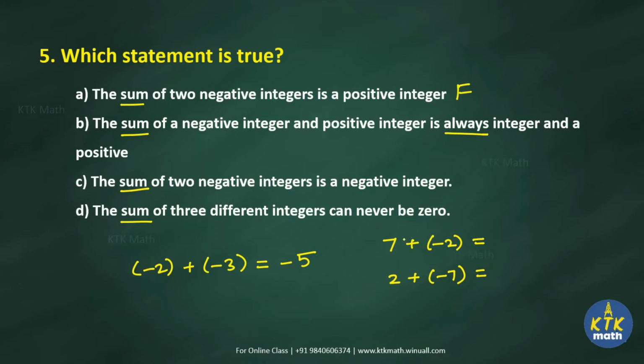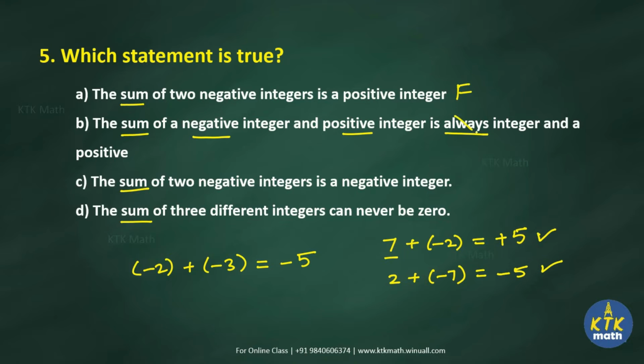In addition, whenever you have different symbols, the rule is you subtract the numbers and take the greater number's sign. So 7 minus 2 is 5. Greater number 7 is positive, so your answer is positive. In a similar way, 7 minus 2 is 5, but here the greater number 7 is negative, therefore your answer is negative. So whenever you add a negative integer and a positive integer, you may get positive, you may get negative.